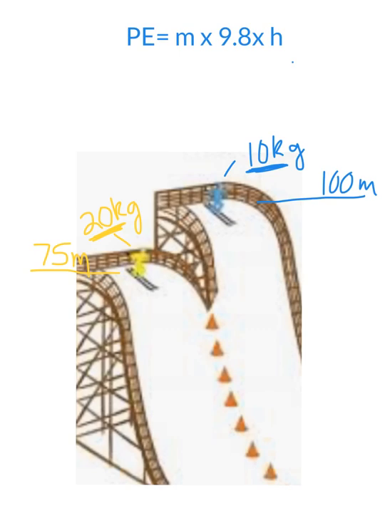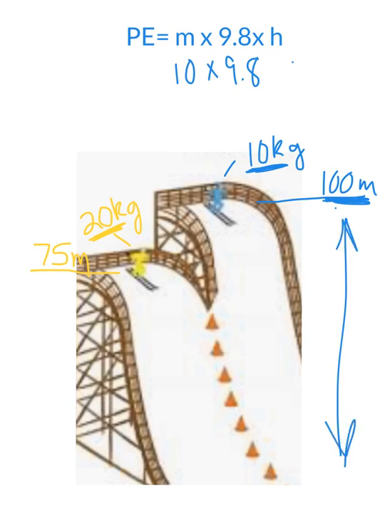So if the equation is mass times 9.8 times height, the blue guy would be 10 times 9.8, because 10 is the mass, and his height, I said right here, he's 100 meters up. So from here to here would be 100 meters, so times 100. That would be his equation. Now, the yellow guy, it's the same thing, except this time his mass is 20, so 20 kilograms times 9.8 meters per second squared.